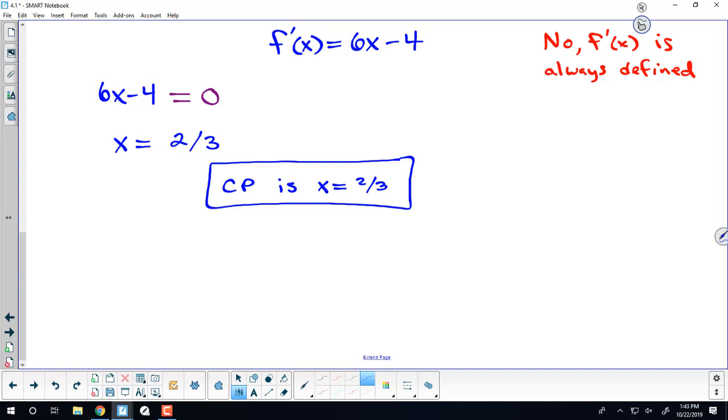But as a general statement, for any given function, the critical point is only a candidate. It can be a maximum or minimum value, yes, but we're not going to address whether that critical point is a local maximum or a local minimum until the next section.